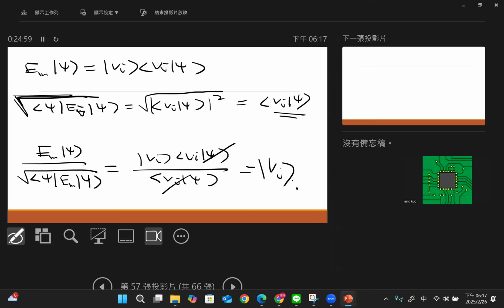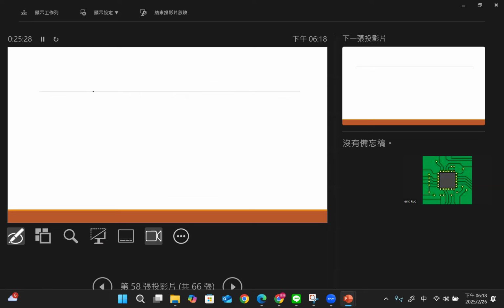They are all consistent. If you take the post-measurement state of E_M divided by the square root of its probability, and you use the PVM, then they are compatible. By the way, this part is somewhat confusing, so I will upload notes that you can check. So, a quick recap.